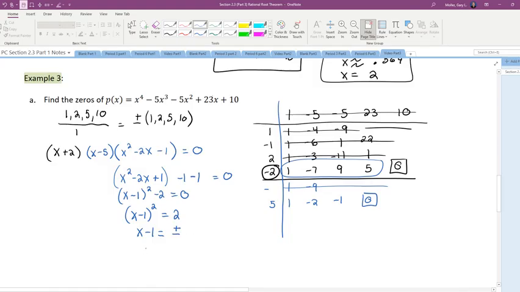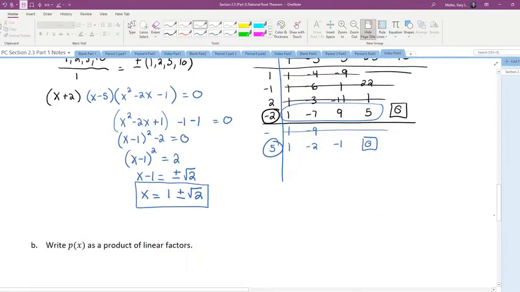And add 1. All right. So I have zeros of -2, +5, and then 1 plus the square root of 2 and 1 minus the square root of 2. So we're going to go ahead and leave it there, unless I'm asking for something different below.